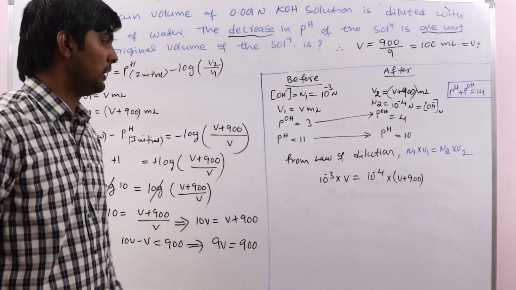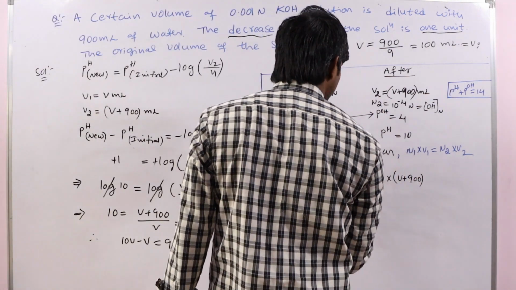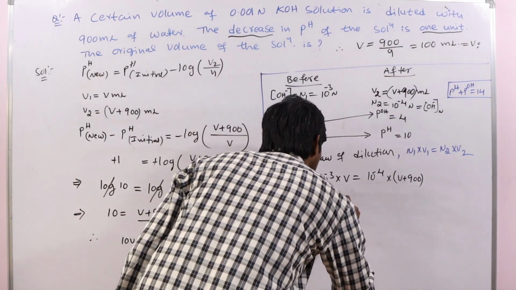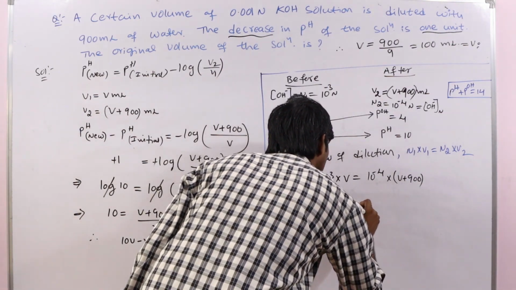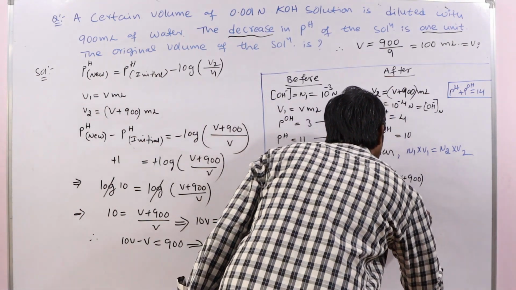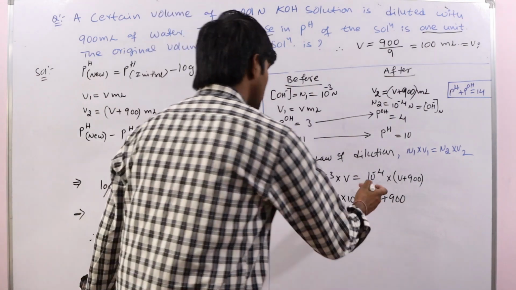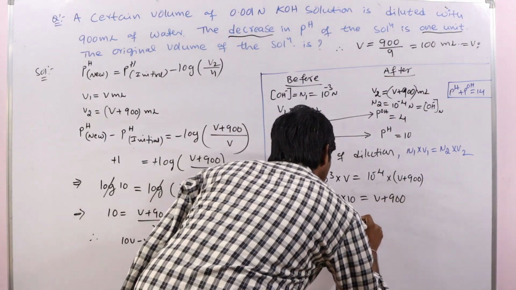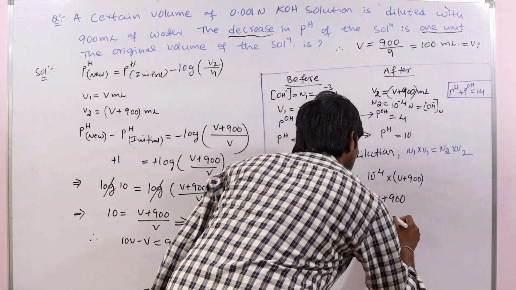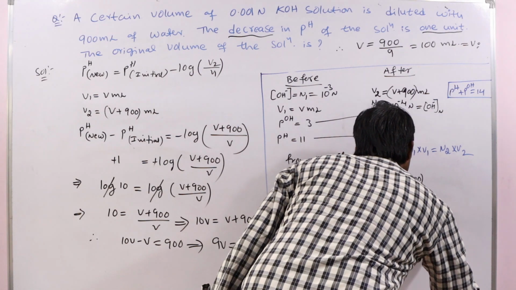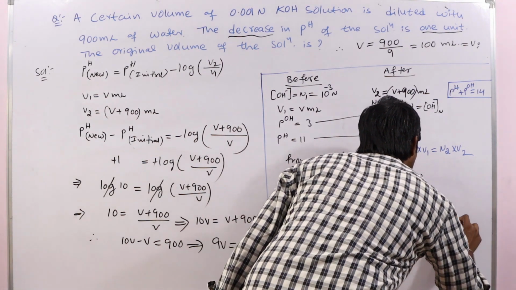Okay, so if you simplify this one, take this 10 power minus 4 this side, that becomes 10 power 4. So here we get V into 10 is equal to V plus 900. After simplification, if you take this V this side, we get 9V equal to 900, and therefore V is equal to 100 ml.